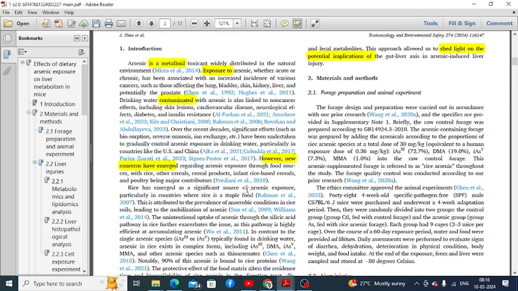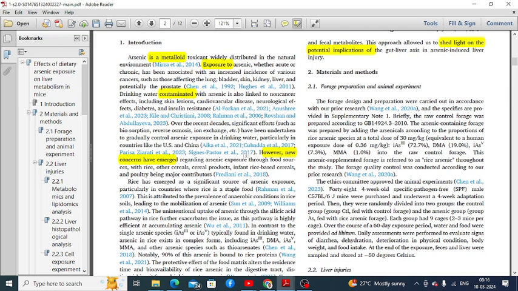See, in the first paragraph itself, in the end, we could see that, however, new concerns have emerged regarding arsenic exposure through food sources. All the previous studies focused on the effect of drinking water contaminated with arsenic on organisms, and now new information is coming about arsenic intake through food also by the organisms.